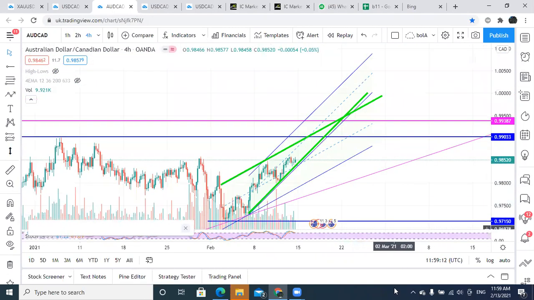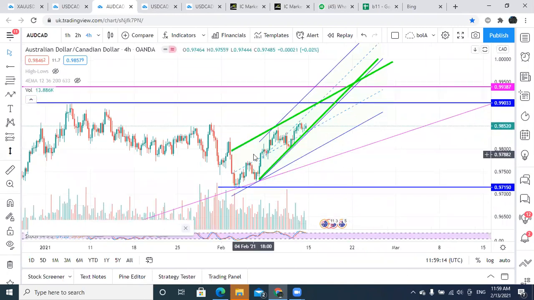Let's see. So this is the beginning of the 4-hour one, 0 to 1, 1 to 2. So the 4-hour is just doing the second wave, which can push itself a little bit higher, or once it makes a new high above the previous high, that would have rendered it a completion, and then a sell-off will come in again, and then give us the third one, a sell-off will come in again and give us the fourth one.